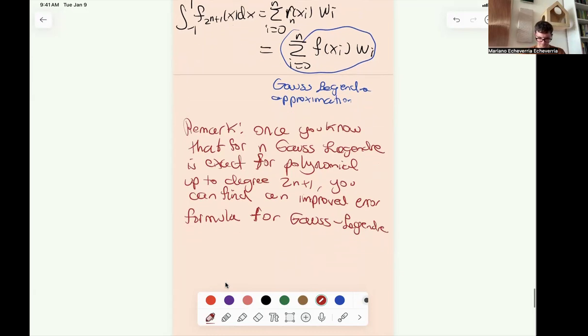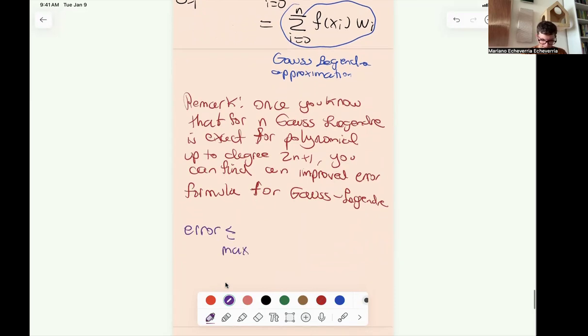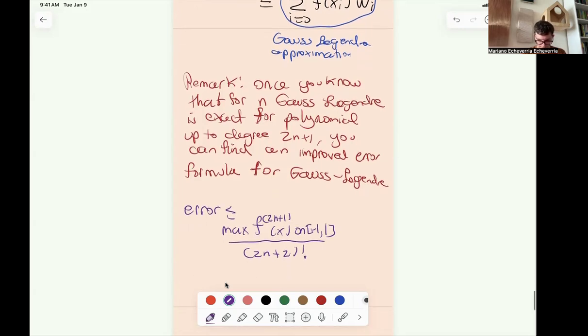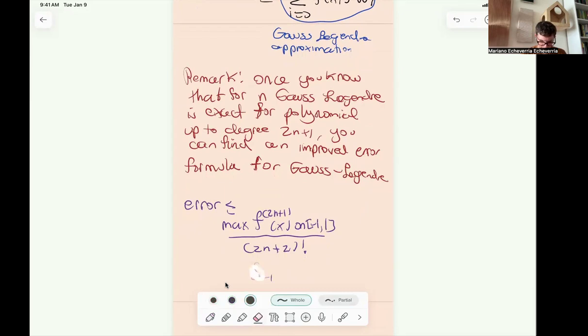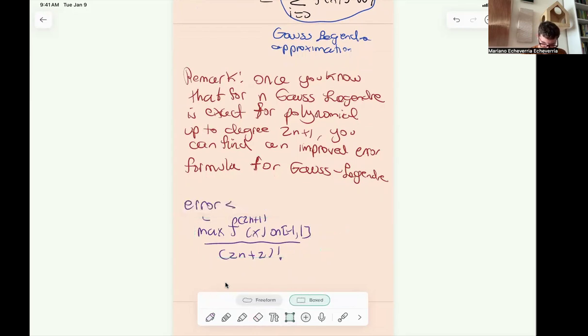Basically the error is going to be less than or equal to the max of the 2n plus 1 derivative on -1 to 1, over 2n plus 2 factorial, times the integral from -1 to 1 of (x minus x0) squared up to (x minus xn) squared.